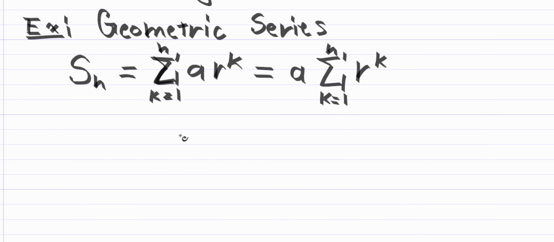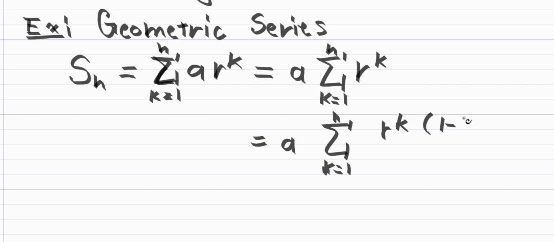And so one way to see that nice formula is by noting that if I multiply r to the k by 1 minus r over 1 minus r, well, of course I'm going to get 1 minus r in the denominator, so I can just bring that out immediately.